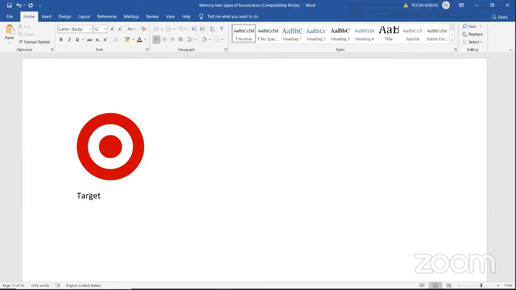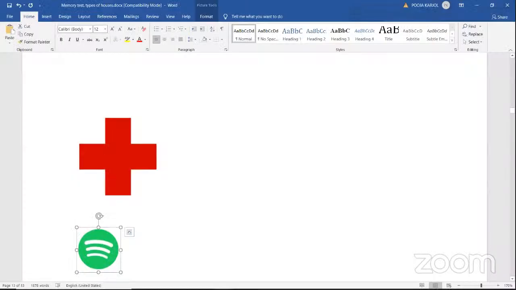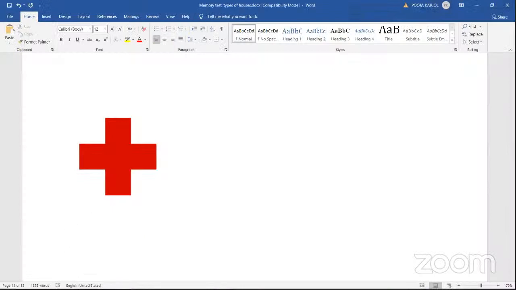Goods and supply, yes. This one? Not clear. First aid.